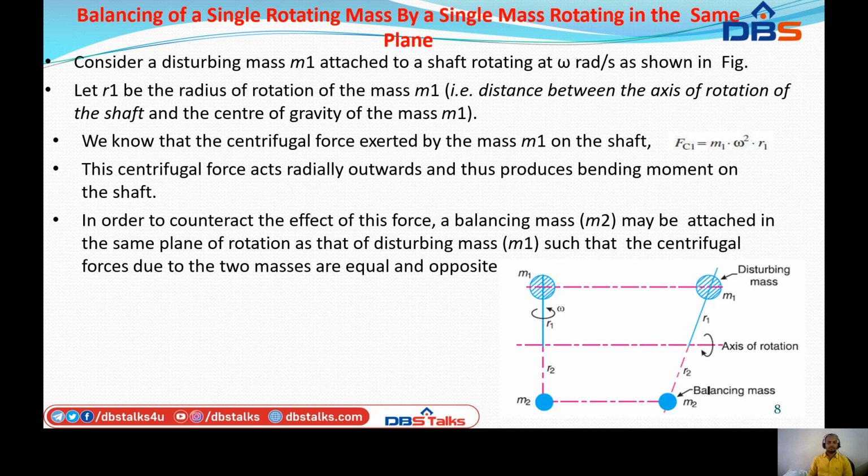So based on the diagram we can see that the balancing mass and the disturbing mass share the same axis of rotation.